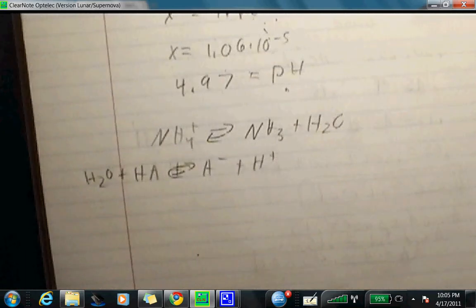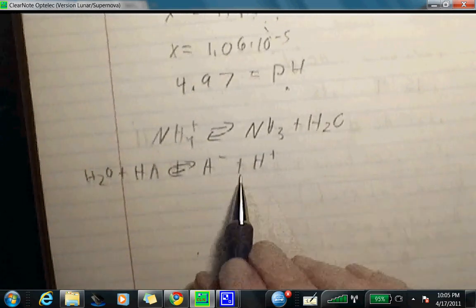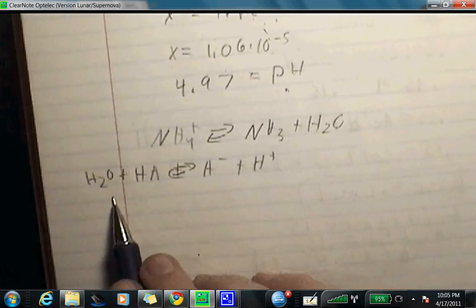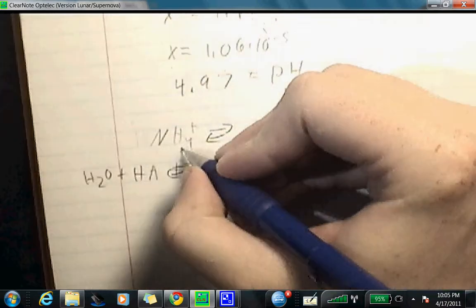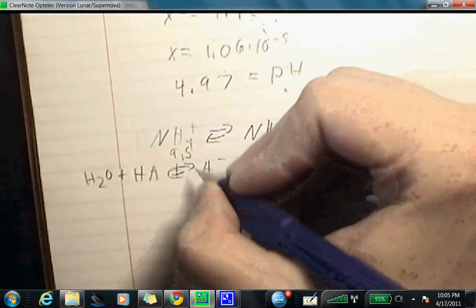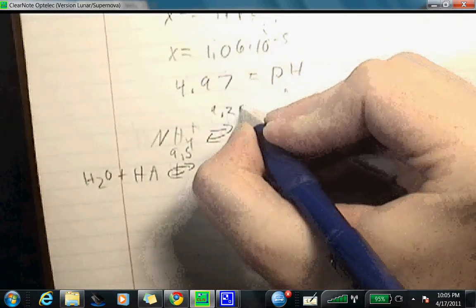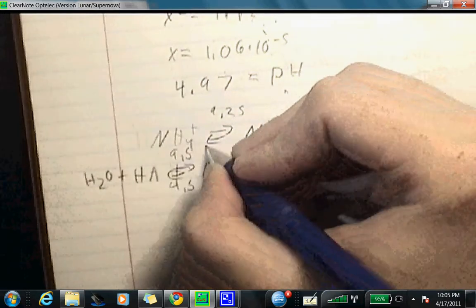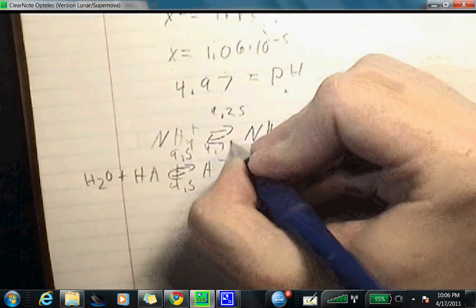You can solve it using the pKa or the pKb of each one. However, the reason we know which one to use is because going this way, we're using the pKb. This one's 9.5, 9.25. This one would be 4.5, 4.75.